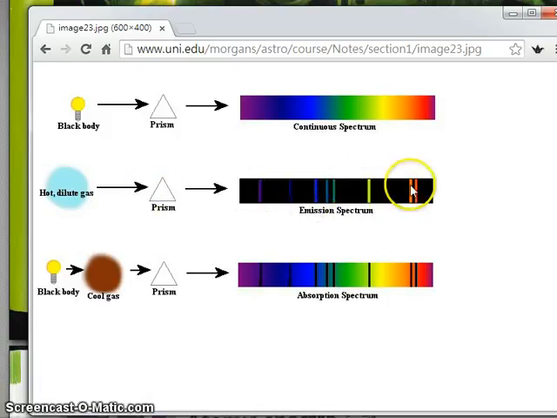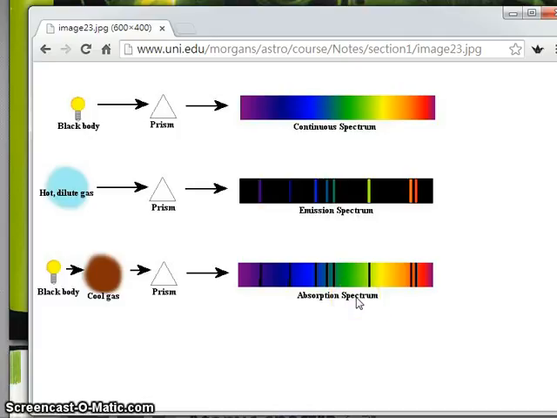It's not a continuous spectrum, but a line spectrum. Lastly, if the light from a normal light source passes through cold gas, the cold gas molecules will absorb some of the light, and then the light passes through the prism and produces an absorption spectrum.